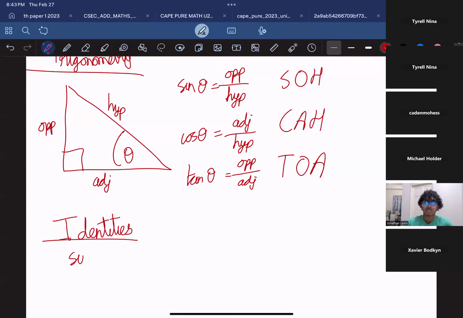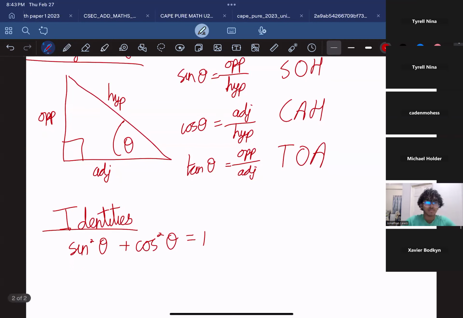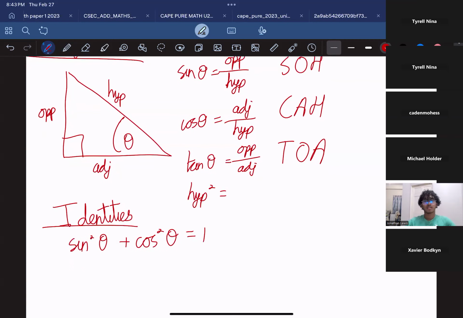Sine squared theta plus cos squared theta is 1. And we can prove this. So how do we prove this? We also know that hypotenuse squared is opposite squared plus adjacent squared. This is Pythagoras.